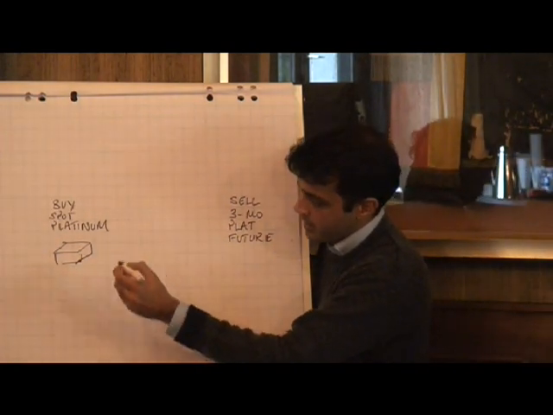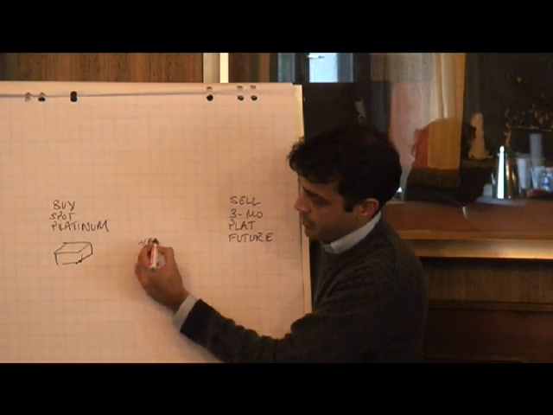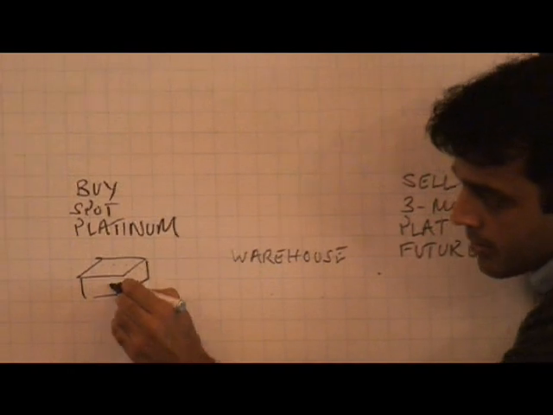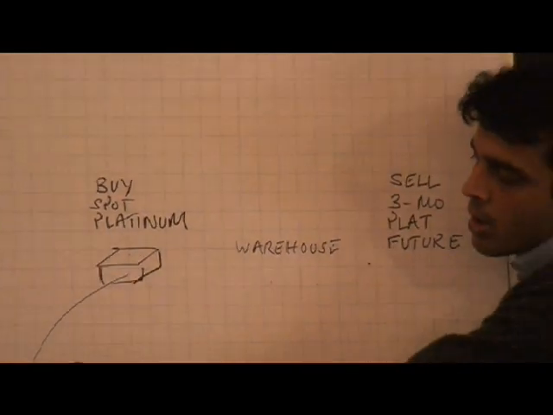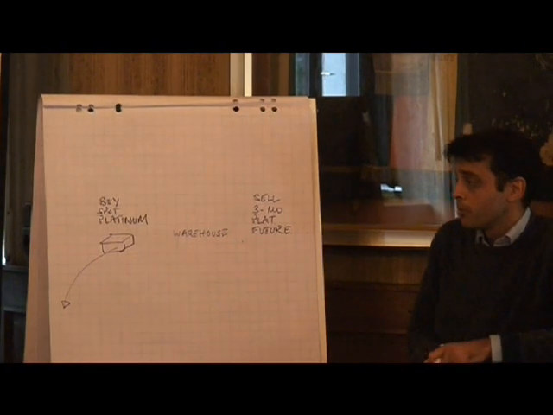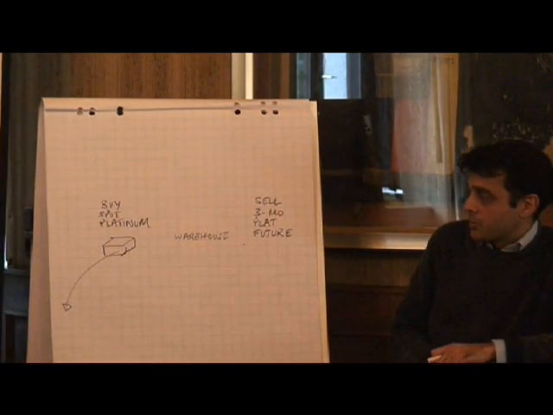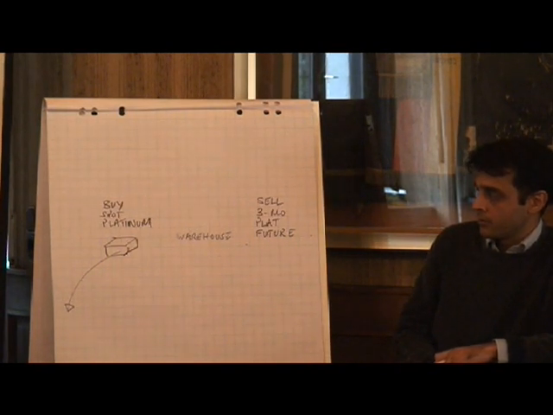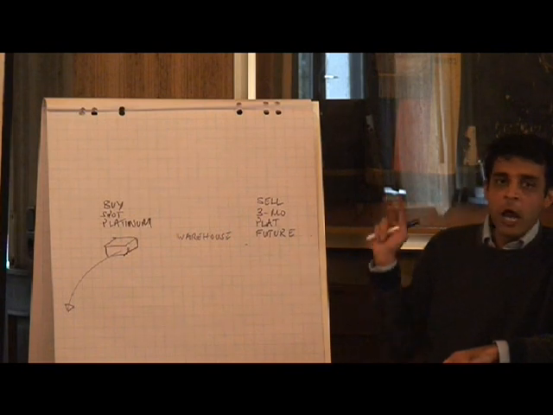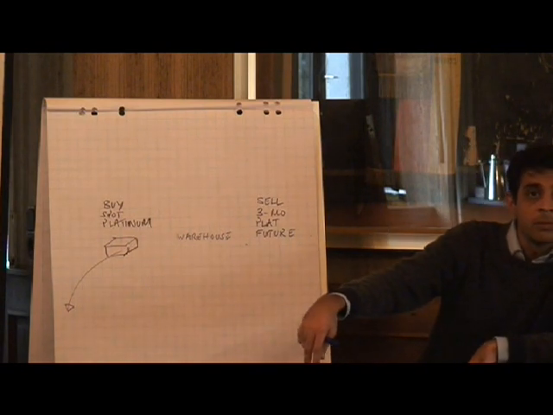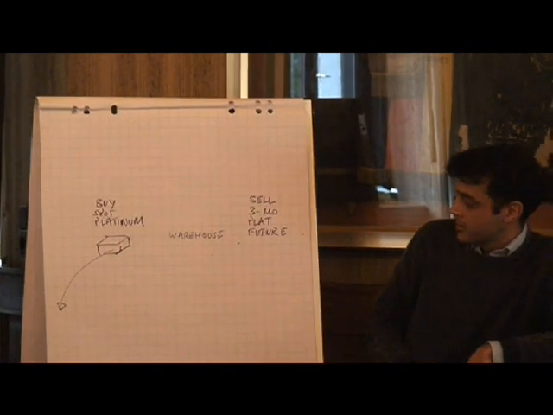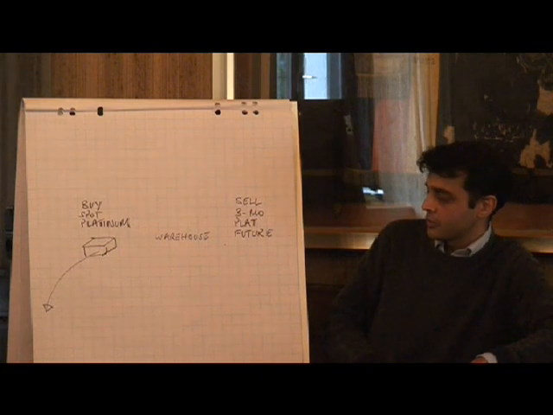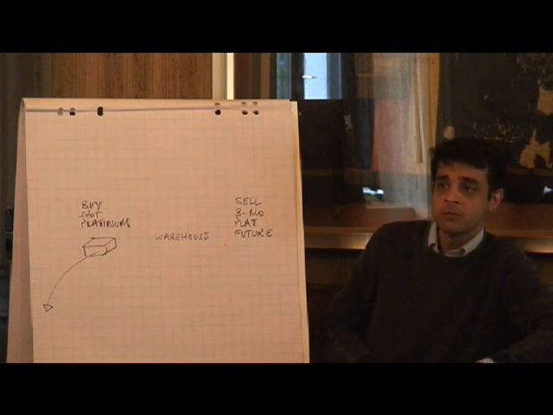Let's say this is the warehouse. Goes off. Someone borrows the platinum. The person who's borrowed the platinum has some use for it for whatever reason. Might be a producer of platinum who needs to hedge their production. But it goes out of the warehouse. And then the auditor comes in to the warehouseman's warehouse and he says, show me your books and show me your warehouse.